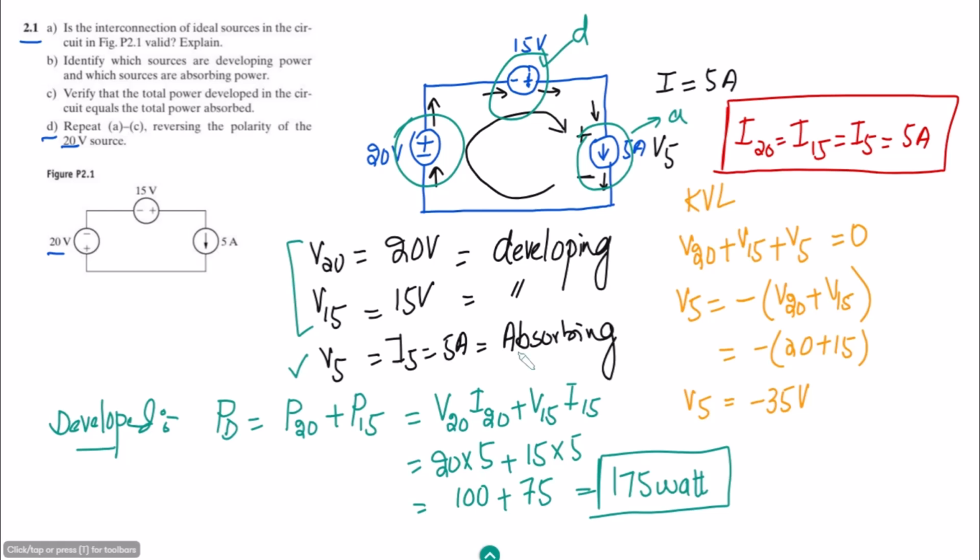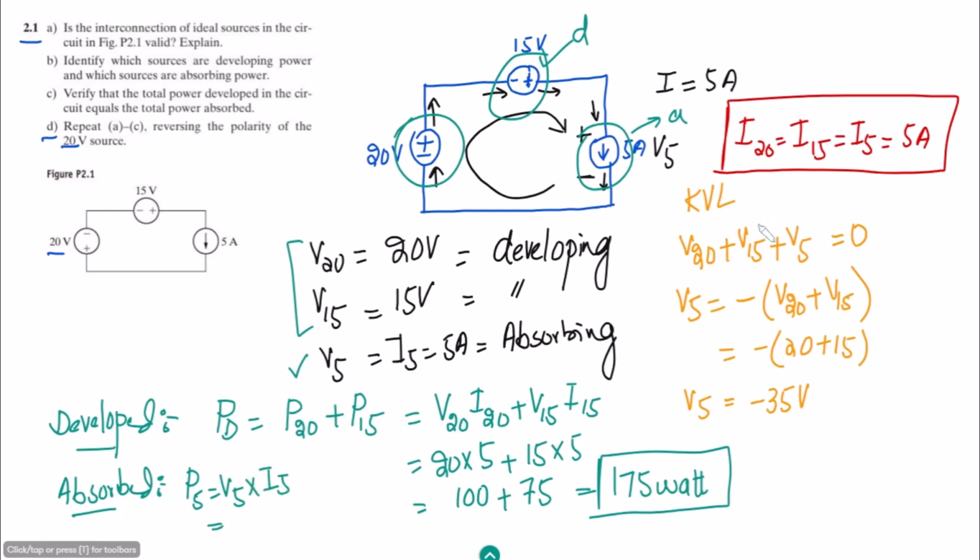Now in order to find the absorbed power, let me find it out here. So the absorbed power is the power which is absorbed by this 5 ampere source. So this is P5, and this is V5 multiplied by I5.